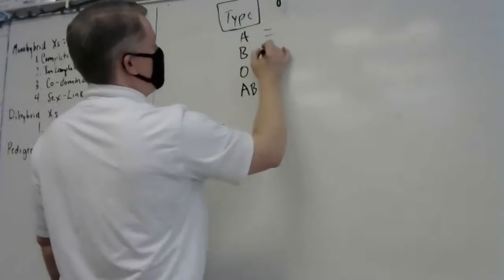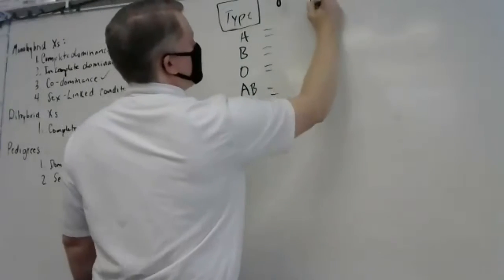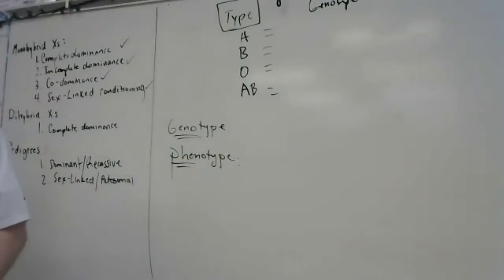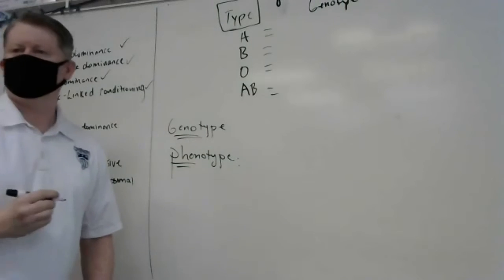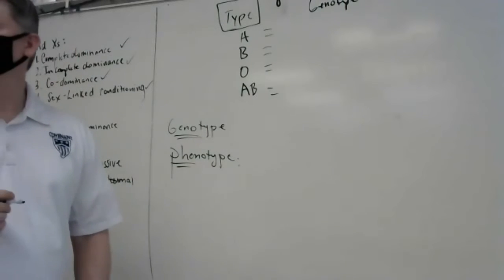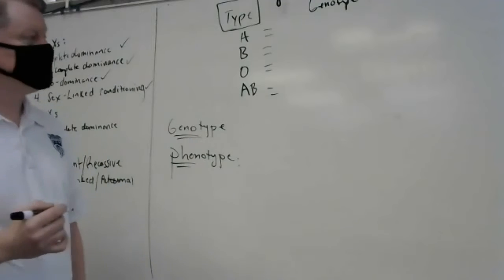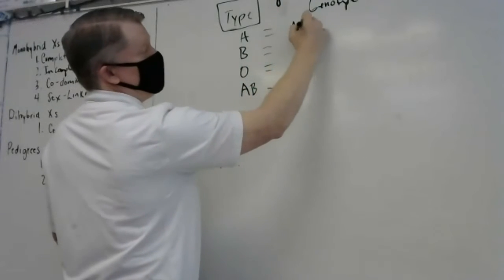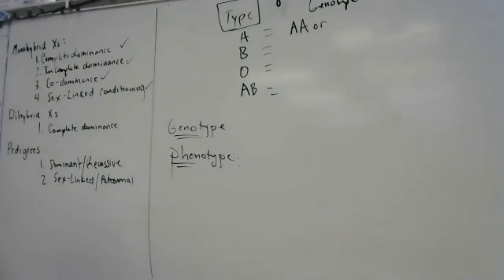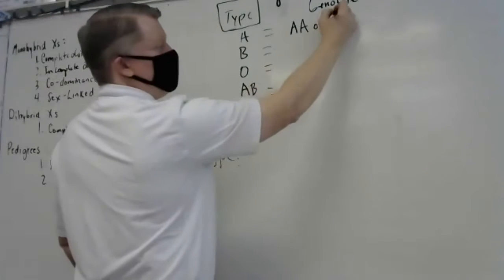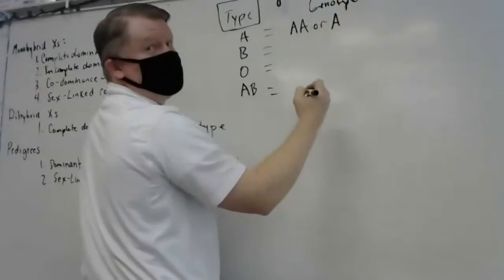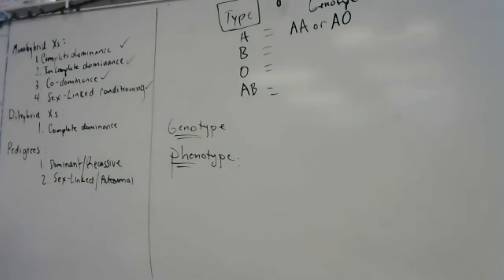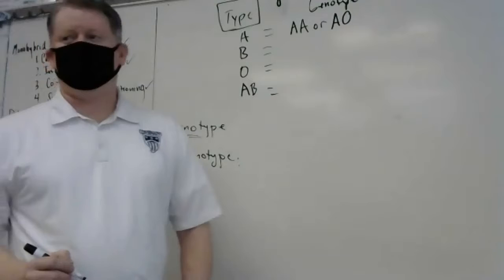Now, what about the genotypes? So this is officially genotypes, right? What are the possibilities? What genotypes could produce A blood? Good. Or this tells you something right away.